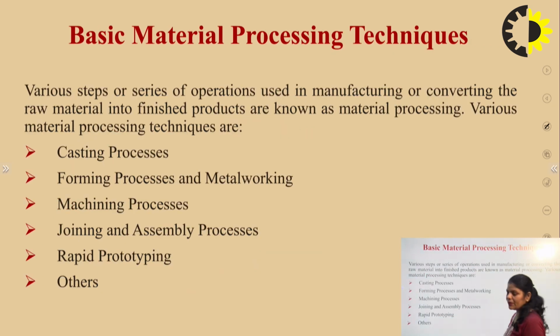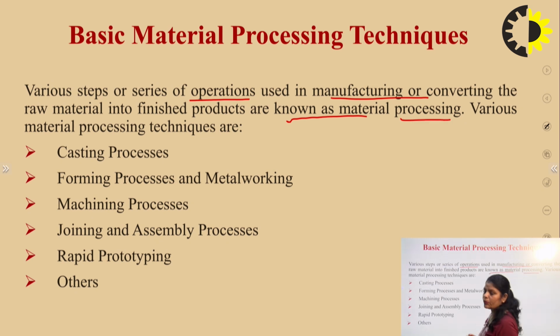Now we come to the basic material processing techniques, or we can say the classification of manufacturing processes. We have classified these manufacturing processes into a number of processes. The various steps or series of operations used in converting the raw material into the finished product are known as material processing.